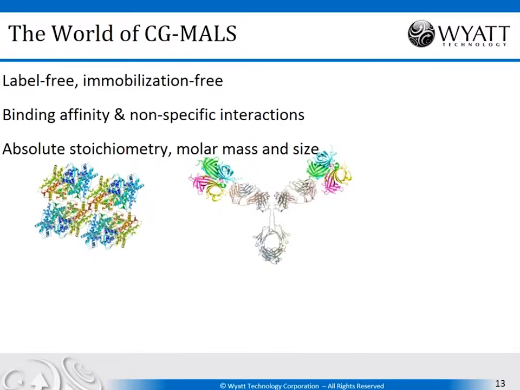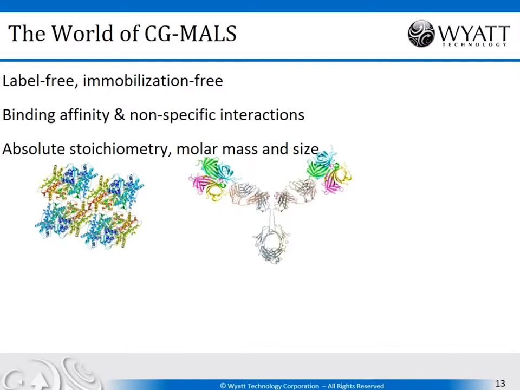So CG-MALS is a label-free and immobilization-free technique that measures components in solution. It's used to determine the binding affinity and can also characterize nonspecific interactions. Unique to CG-MALS and one other technique, analytical ultracentrifugation sedimentation equilibrium, it can measure the absolute stoichiometry.